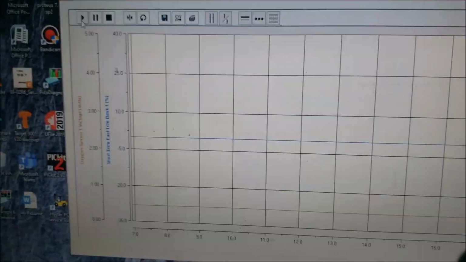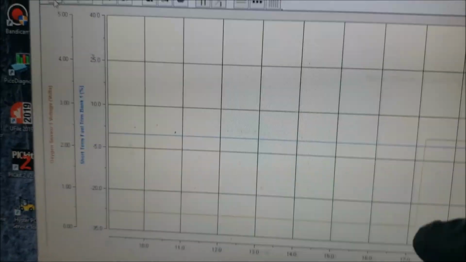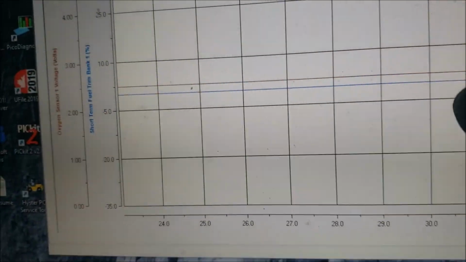Okay, so now we're under the hood. Still have my software connected up, and I switched to a graphic mode. The orange trace is my oxygen sensor voltage, and the blue trace is my short-term fuel trim. So let's start it up.